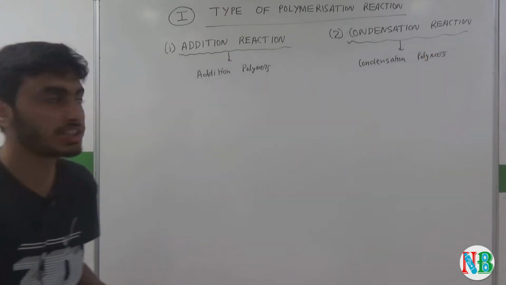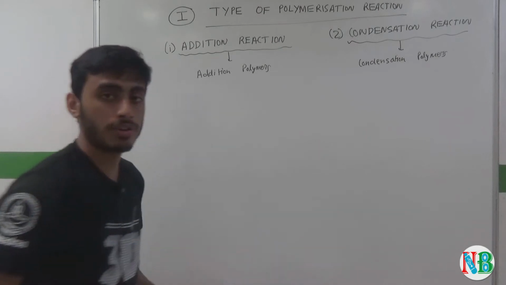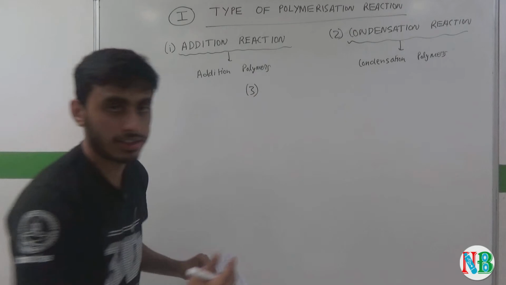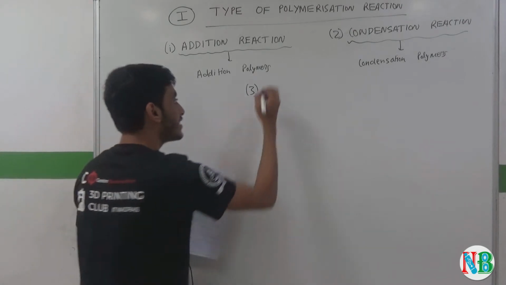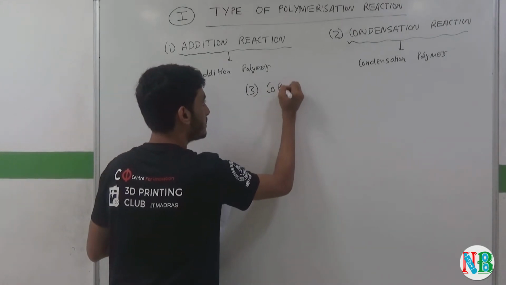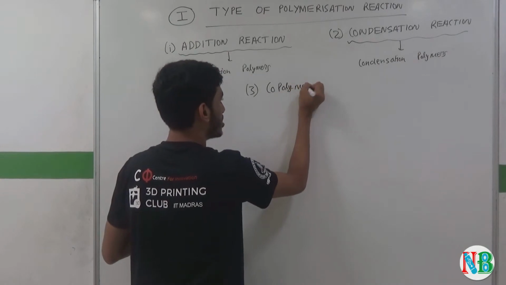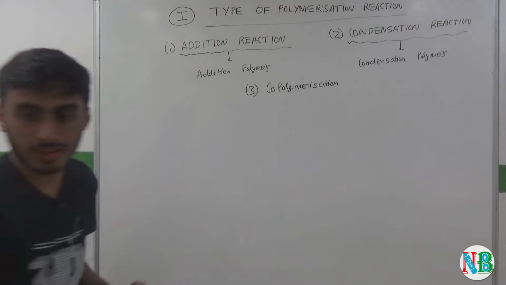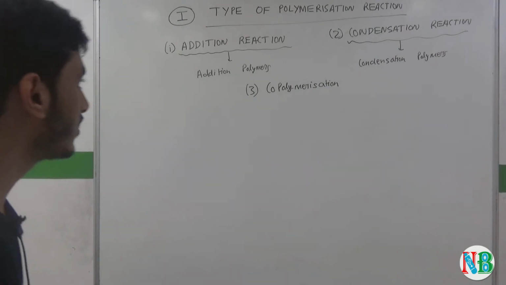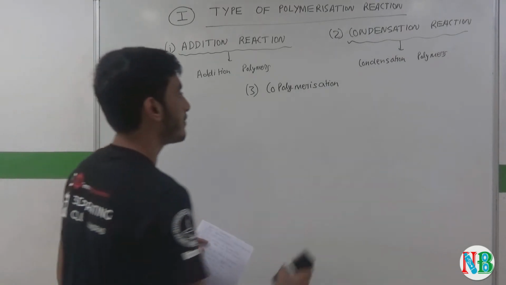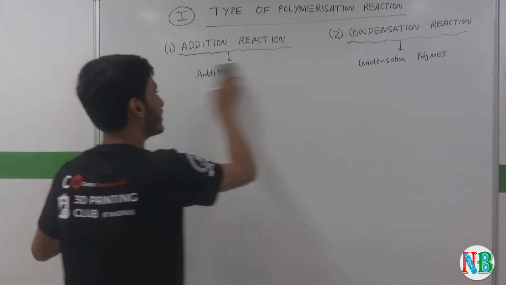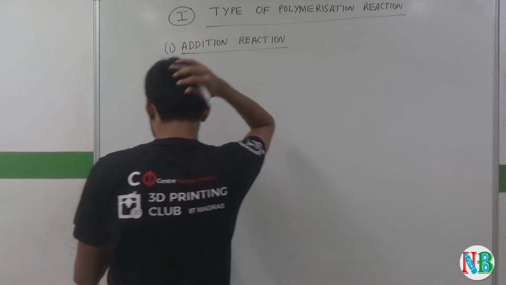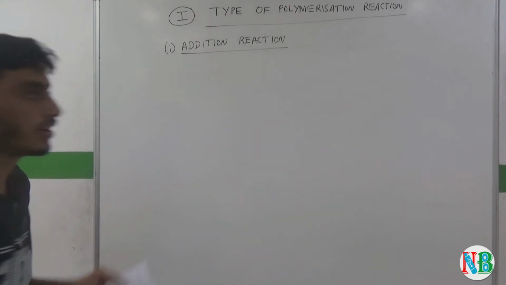As we learn more and more, in the end we will also see a third type of reaction, known as copolymerization. So let's start learning about them one by one, starting with the first reaction, the addition reaction.